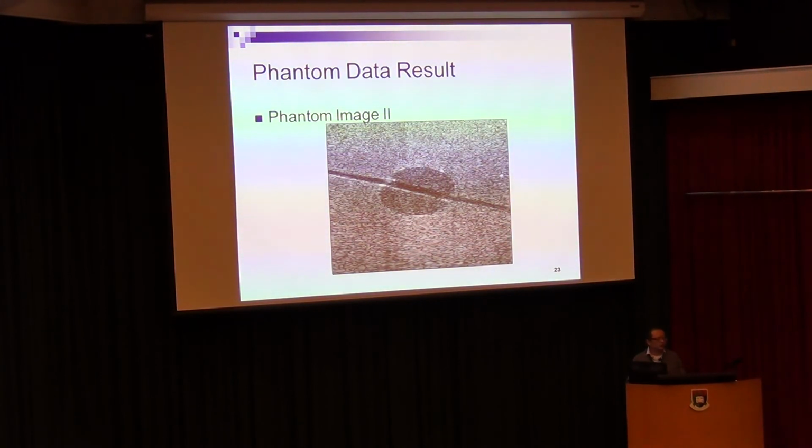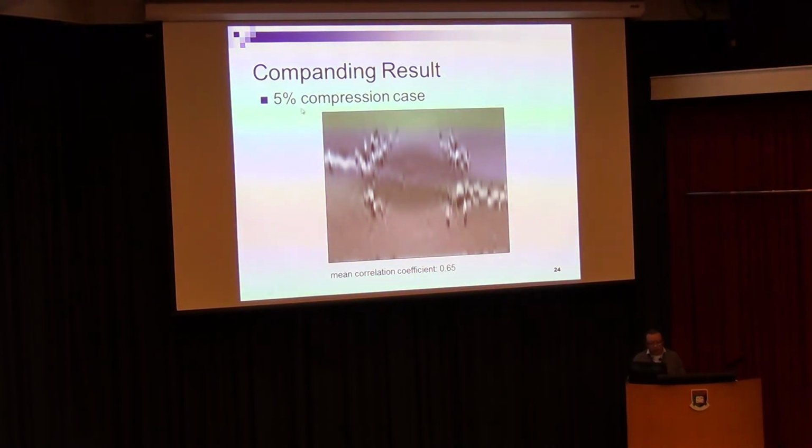It's made of a different phantom. This boundary information, we don't use it. We just try to showcase this clearly here, and see whether the motion estimation method can reveal this boundary clearly. If we have a 5% compression, so 5% deformation, then the compounding method will give results like this.